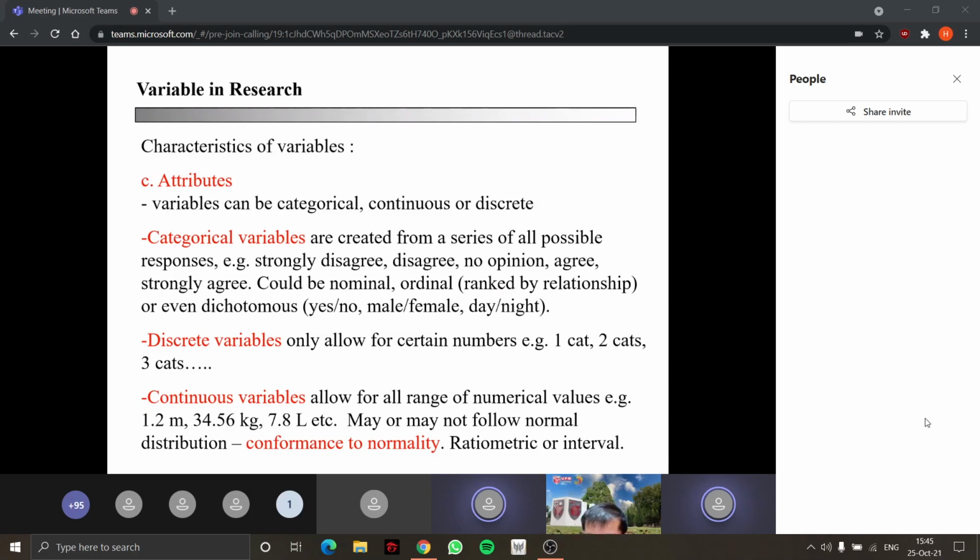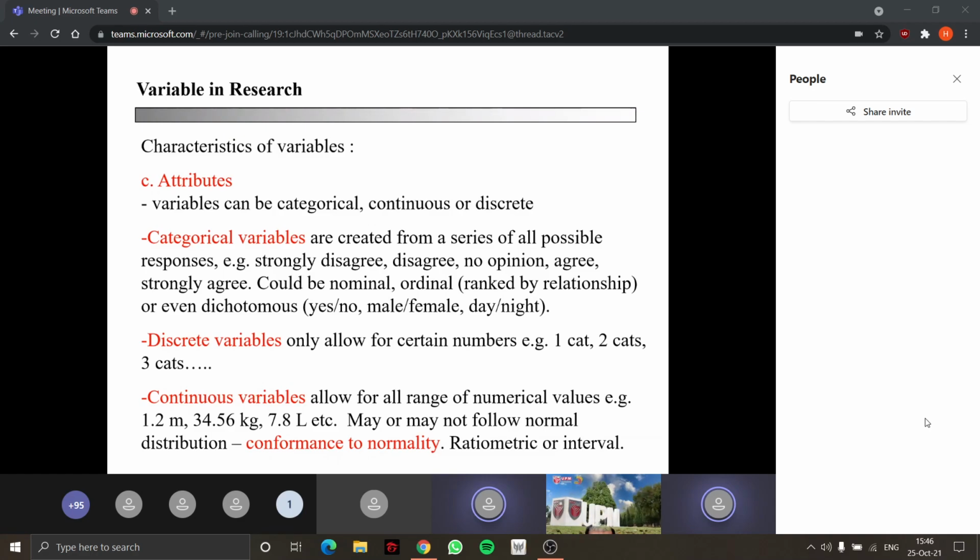Next will be discrete variable. Discrete variable means you can only have whole numbers: 1 cat, 2 cats, 3 cats. Well, unless you are in a post-mortem and the animal is already dead, and then only they can have half a cat. But even then, it doesn't mean anything, because they are already dead. Discrete variables only allow for whole numbers. Continuous is what you normally see every day.